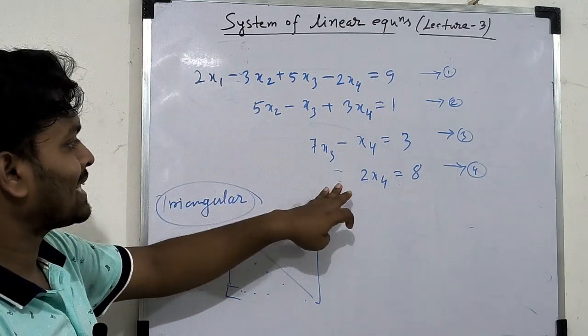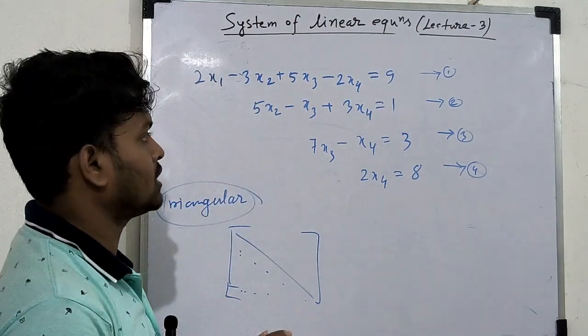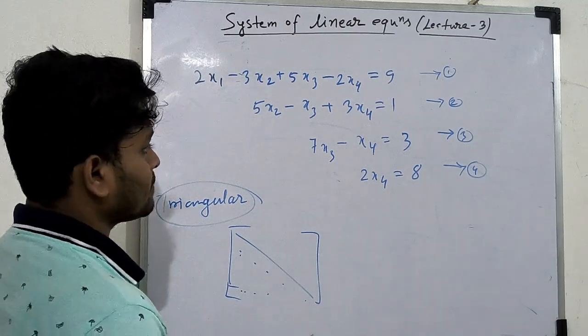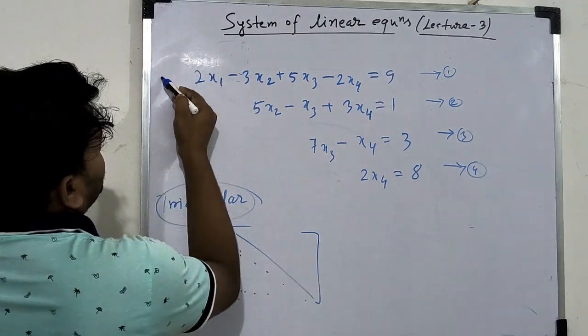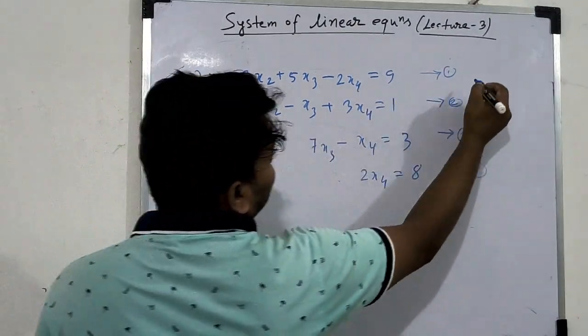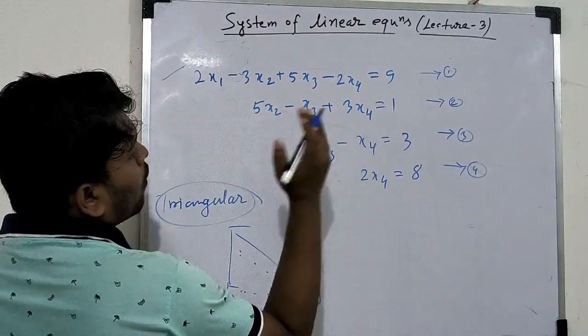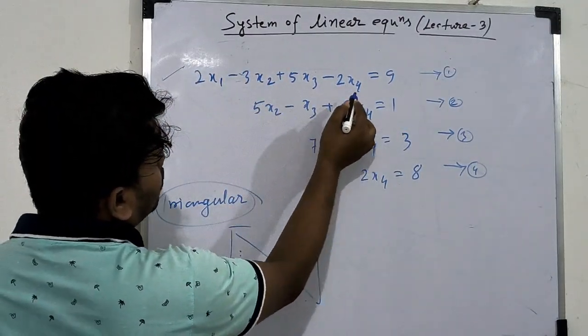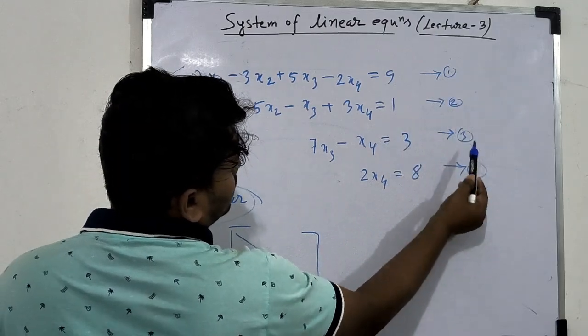In that case, finding solutions for the system is very easy. You can see this is a system of 4 equations with 4 unknowns x1, x2, x3, x4, and the 4 equations are L1, 2, 3, 4.